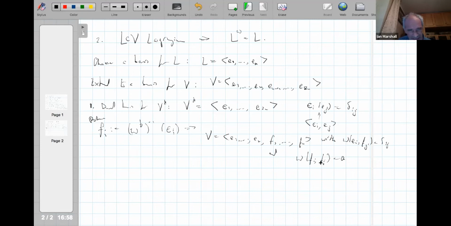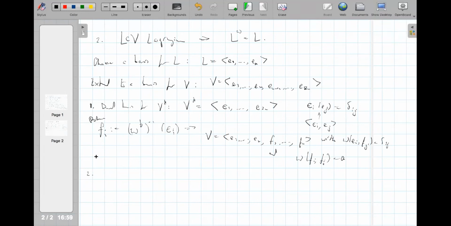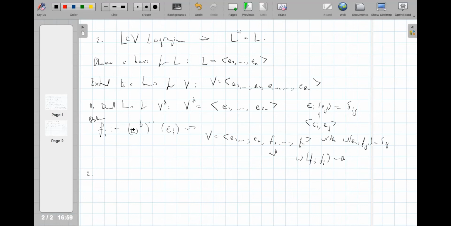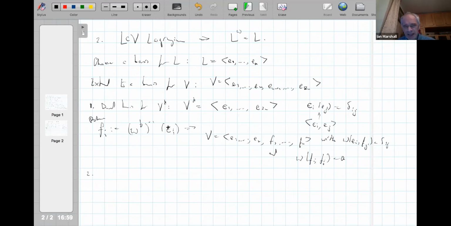But the alternative is to do exactly what Anton said, and I wrote this down. This first idea uses the identification between V and V star. This map is an isomorphism, right? Yes. So therefore, for i equals 1 to n, I take the inverse image of these epsilon i's.